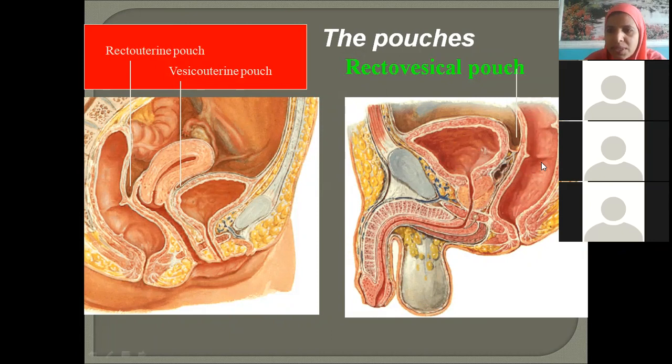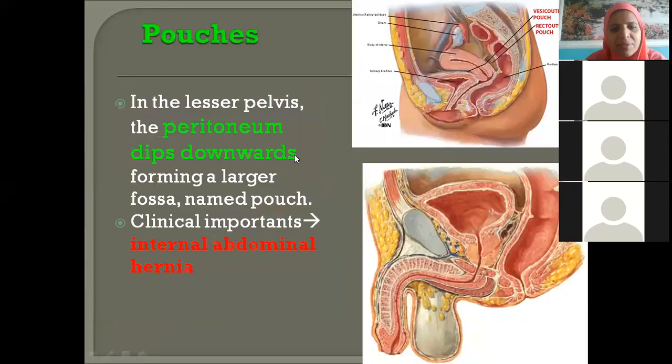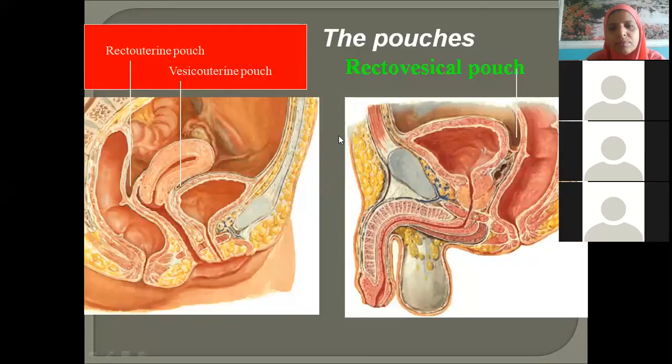This is rectum and this is anal canal. So between the urinary bladder and rectum, anal canal, are you finding the fold of peritoneum here? Yes, ma'am. What is the name of this fold? Rectovesical pouch.